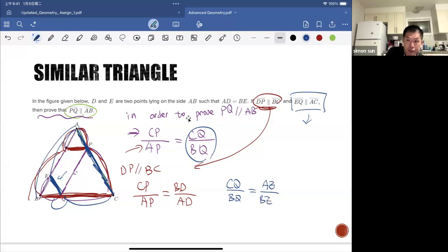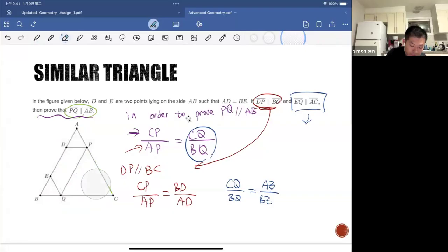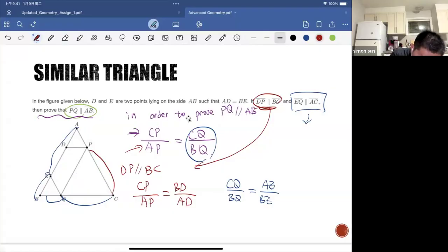Okay, CQ over BQ is equal to AE over BE. And for the red one, we're using CP over AP is equal to BD over AD.